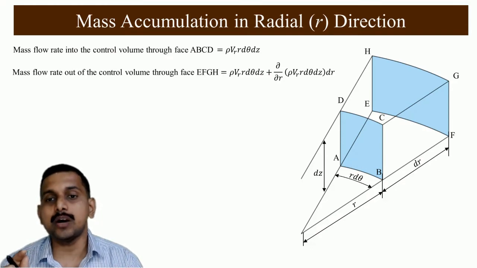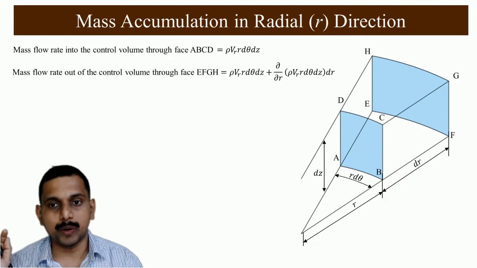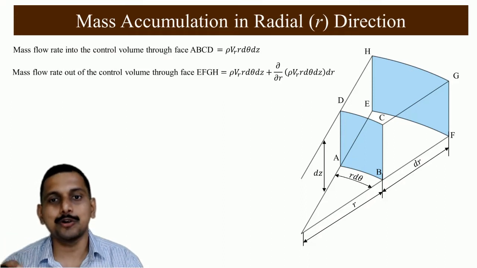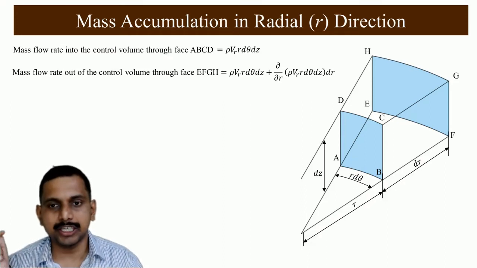So we can take d theta and dz out of the differential. But r is a function of r, so for dou by dou r we cannot take it outside.